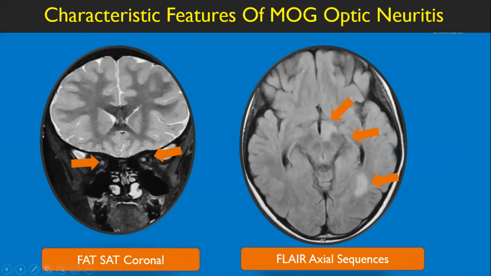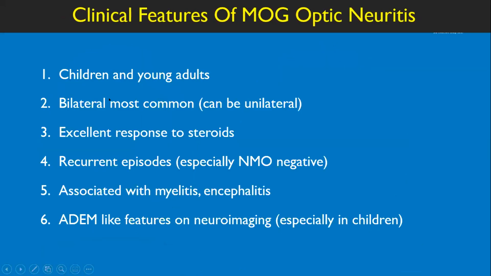So this is not a typical finding of MS or NMO. We have to think that this could be something else. And what we think of at this stage is either ADEM, acute disseminated encephalomyelitis, or especially in children, we think of MOG IgG optic neuritis. So MOG-related optic neuritis can present in children and young adults.